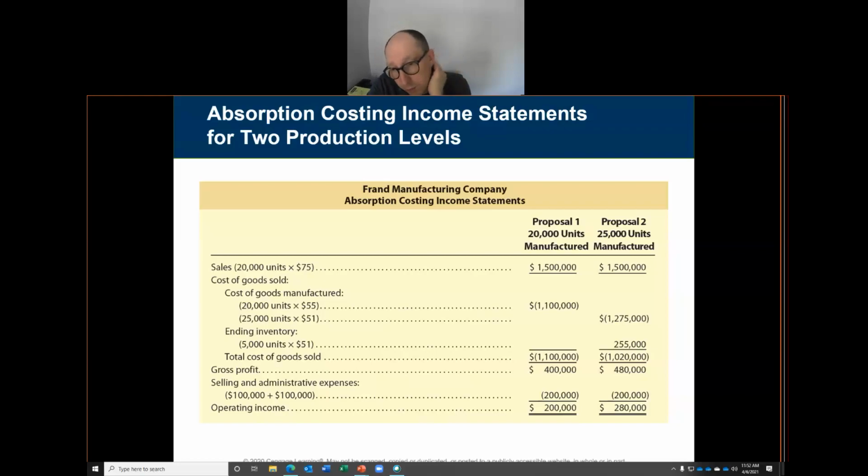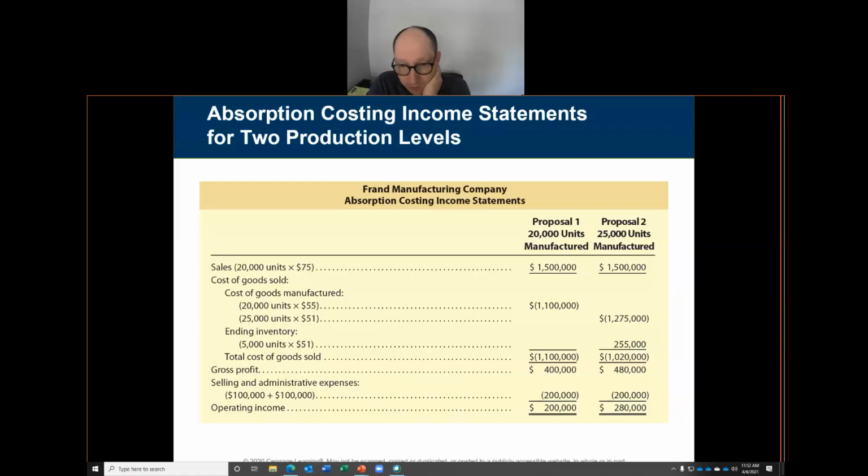We can see at this point that total cost of goods sold under proposal 2 is less than proposal 1. Well, that's interesting. And the reason for that is because of the ending inventory.